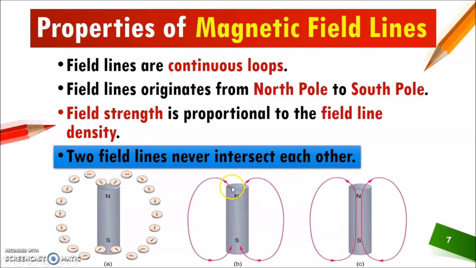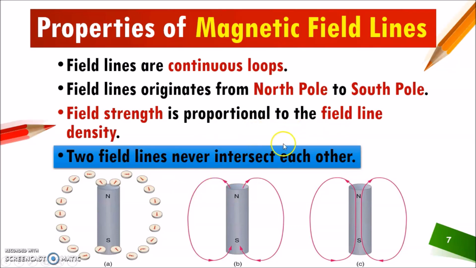The arrow represents the emergence. Okay, the arrow represents that the field line originates from the North Pole and goes towards the South Pole. Is it clear, students?